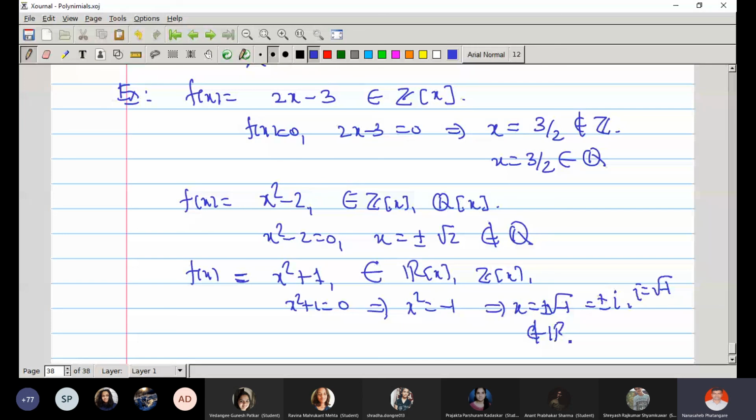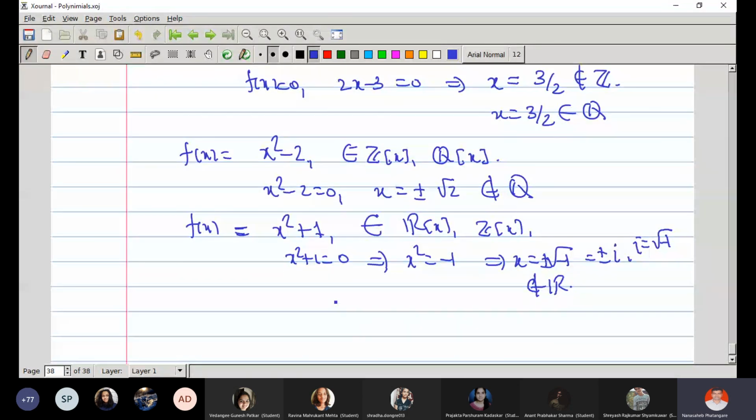So up to real numbers, if you take a polynomial with real coefficients or integer coefficients or rational, roots may not be in the reals, right? But in the case of complex numbers, you take any polynomial with whatever coefficients, you can find roots in complex numbers, right? And therefore the set of complex numbers is the most general extension of these sets, the biggest extension, or complete in some sense, right?